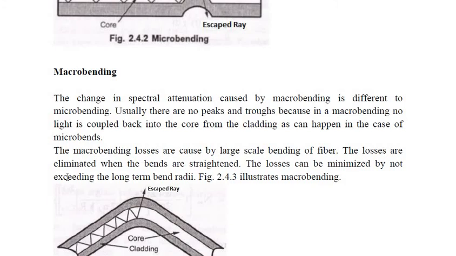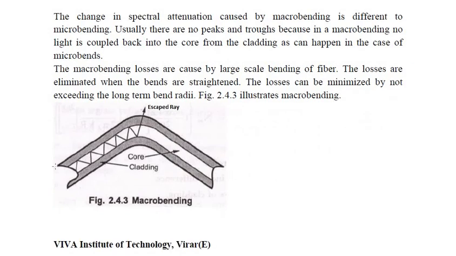The losses are eliminated when the bends are straightened. The losses can be minimized by not exceeding the long-term bend radius. The figure illustrates this. The long-term bend we need to avoid. Here, the losses will be avoided if this wire is made straight.